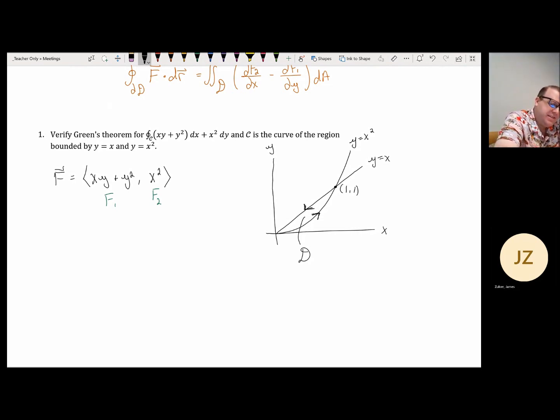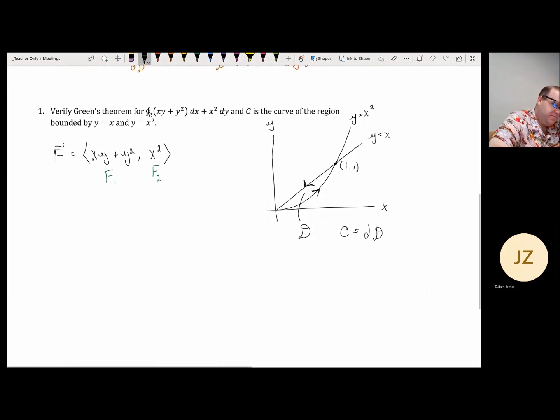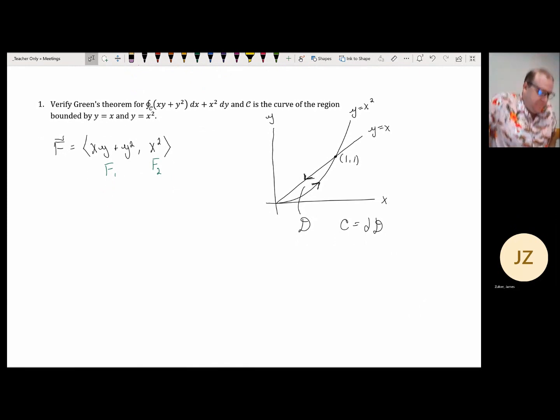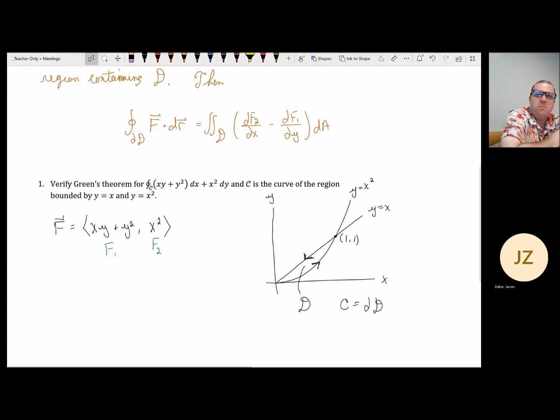From that, you can easily see that C serves as the boundary of D. Right, verify Green's theorem means we have to calculate both the path integral and the double integral and show that they come out to be the same.